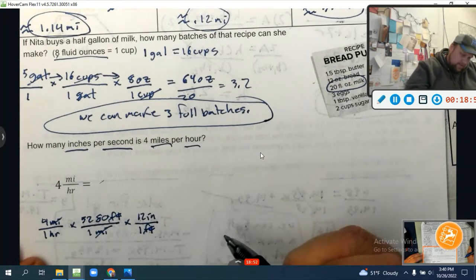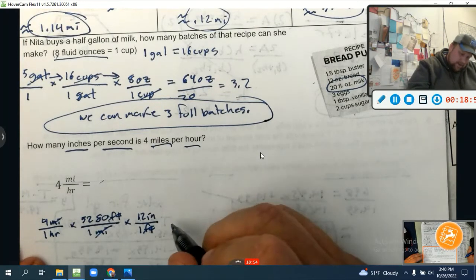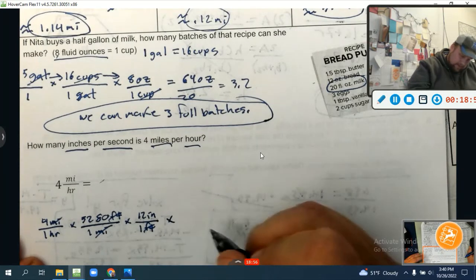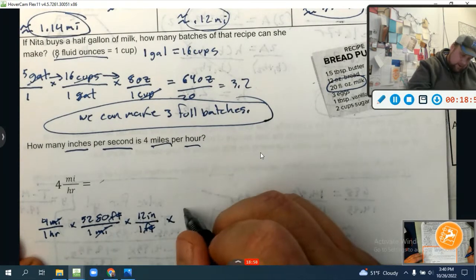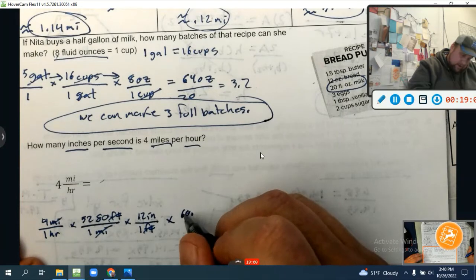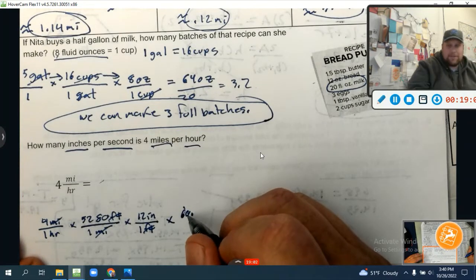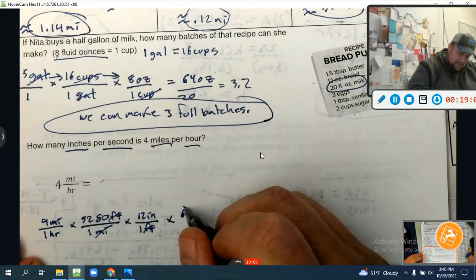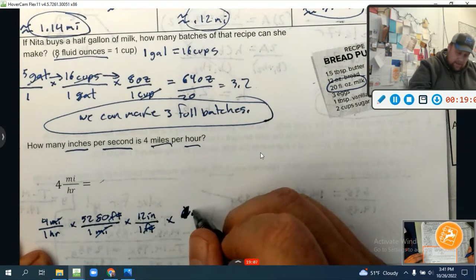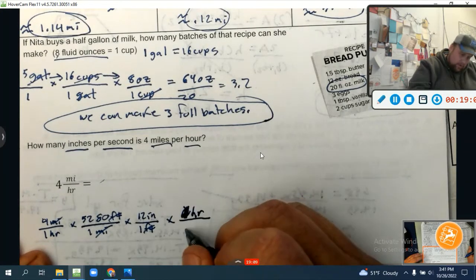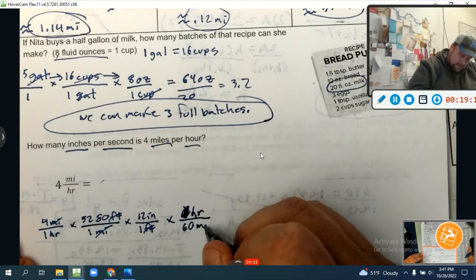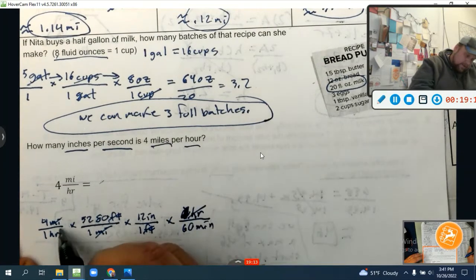I'm going to have to do this backwards. Since I've got to change the denominator, I have to put the hour on top. In 1 hour, there is 60 minutes. And that hour is going to cancel out that hour. But I'm left with minutes on the bottom.